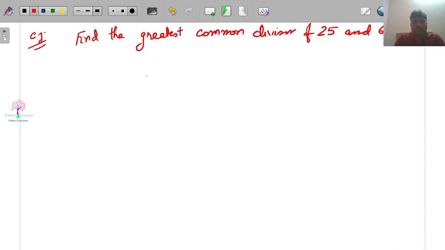So you can do this, greatest common divisor of 25 and 60. So move to the solution. You may use the Euclidean algorithm for this one. 4 columns Q, R1, R2 and R.